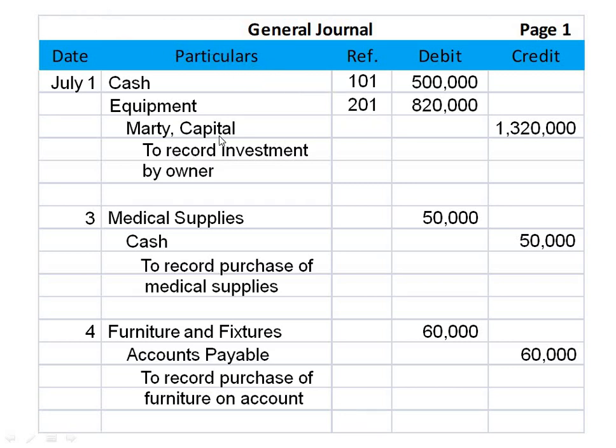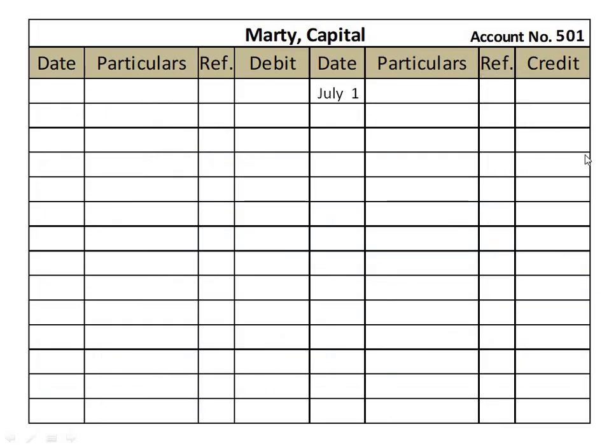Next, post this credit to Marti Capital amounting to 1,320,000. Credit. Therefore, posting must be to the right side of Marti Capital ledger. For the description or particulars, you may still write investment.